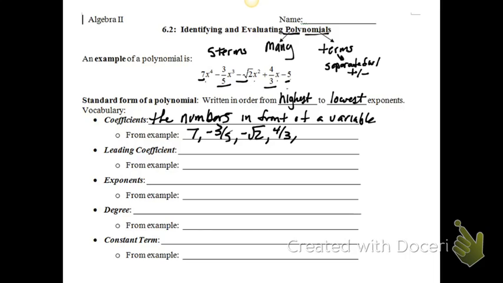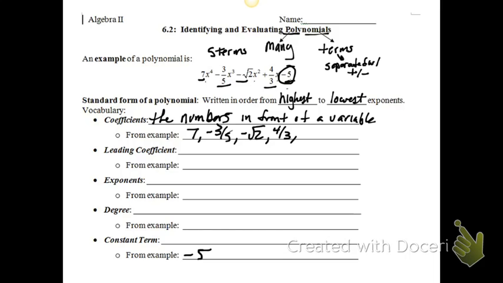And that last one is kind of tricky. It's technically not a coefficient because it's not in front of a variable. That negative 5 has its own special name. That's called a constant term. A constant term is called that because it does not change. It is not influenced by the value of x.